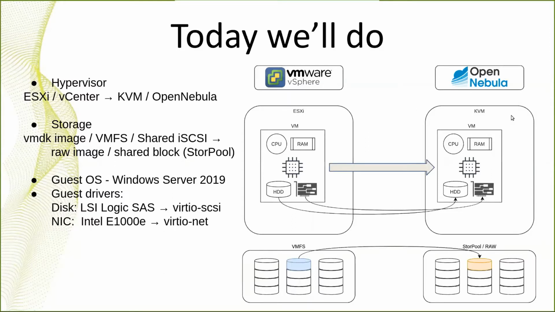This hypervisor is orchestrated by OpenNebula, but there will be nothing specific to OpenNebula in this demo today. So exactly the same method can be used with any other KVM-based orchestration like OpenStack or CloudStack. So we will use again shared block storage for the destination storage. In this case, it will be StorPool, and we'll store the destination disk image as raw disk images.